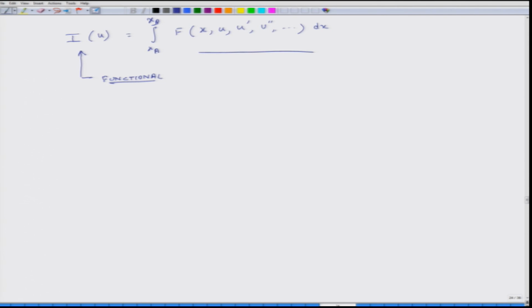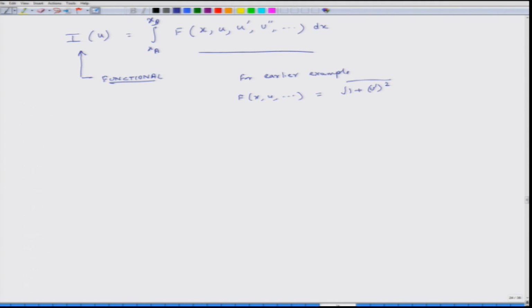In the earlier example which we had discussed, f was defined as the square root of 1 plus u prime whole square.